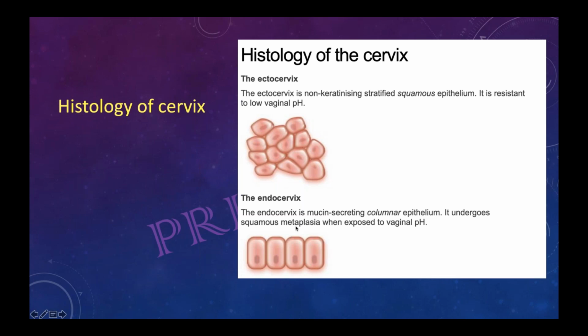Because so many changes are occurring in the vaginal pH, this metaplasia is a common event. It keeps on happening because of the changes in the vaginal pH. This is a very simple basic thing, but again for part 2 people it is important, because you can be asked the question: ectocervix is lined by non-keratinizing stratified squamous epithelium, and endocervix is lined by mucinous secreting columnar epithelium. These are the two questions here.